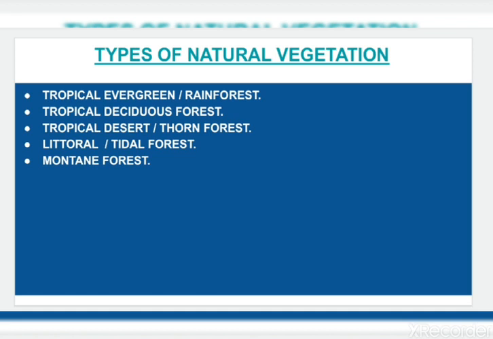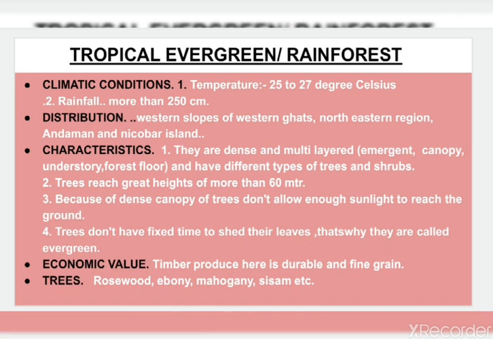So, now we will learn all these types in detail. Let us start with tropical evergreen or rainforest. First, we will learn the climatic condition, then distribution, characteristics, economic value and trees. The temperature needed to grow tropical evergreen trees is 25 to 27 degrees Celsius, and rainfall should be more than 250 centimeter.